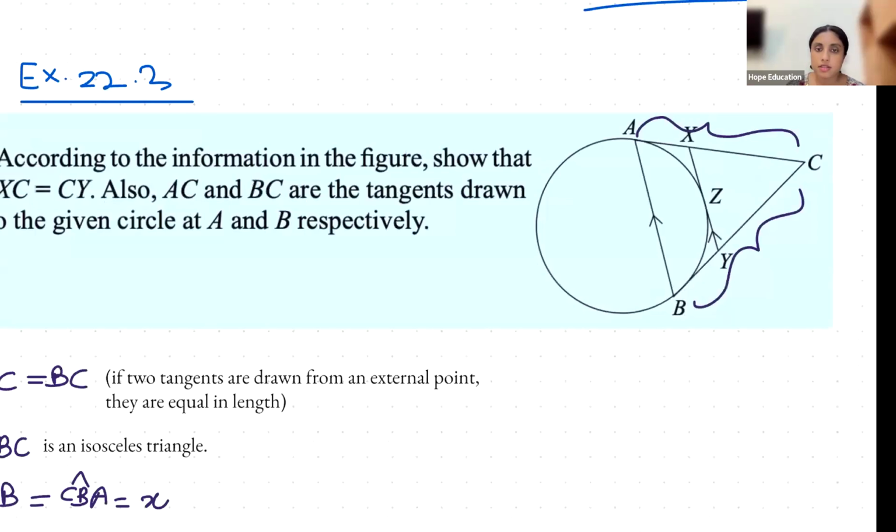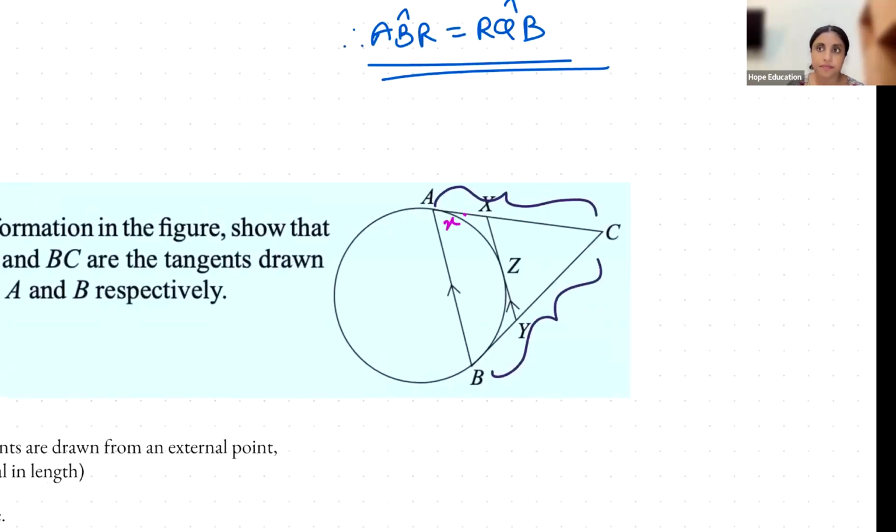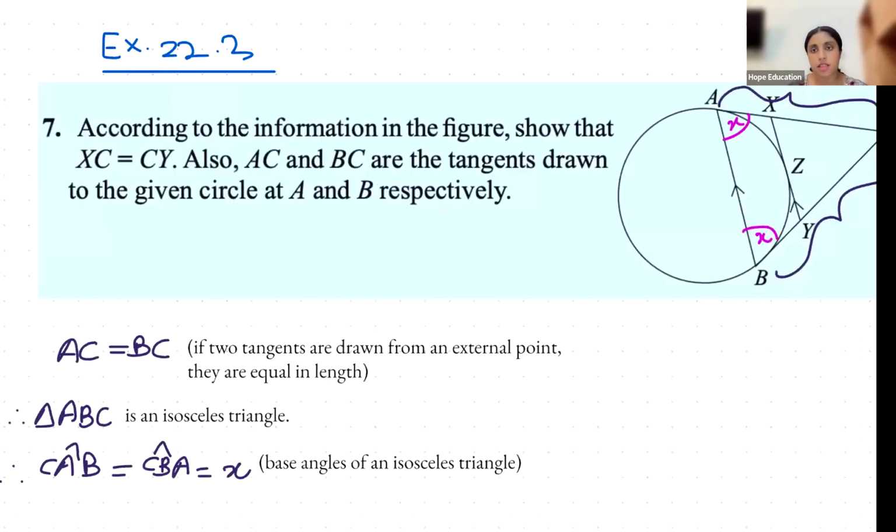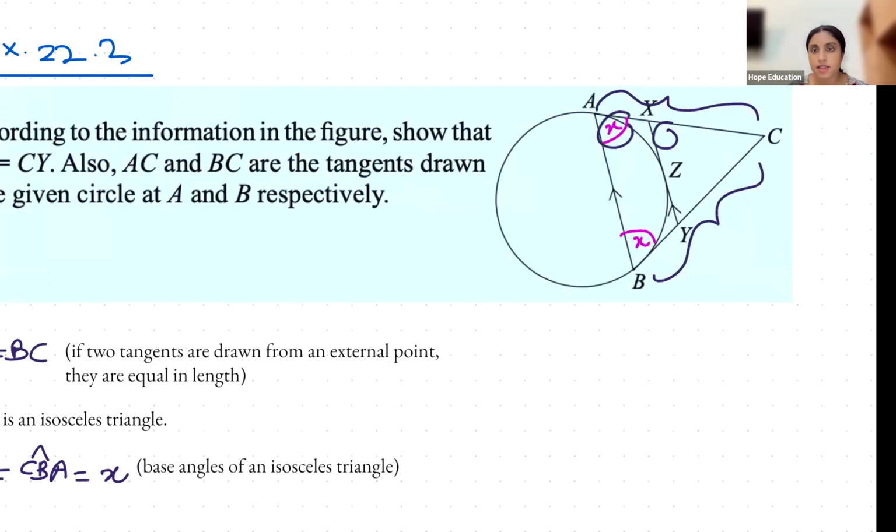This is x, so this is also x. You write the reason as base angles of an isosceles triangle. Then we write AB and XY are parallel. Therefore, they are equal because they're corresponding angles. Therefore, this will also be x.